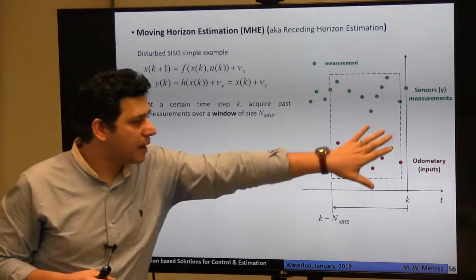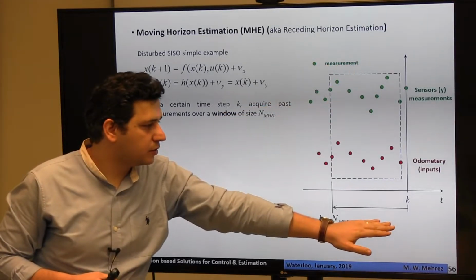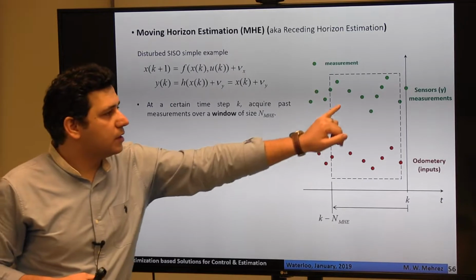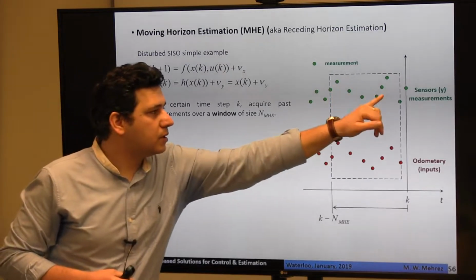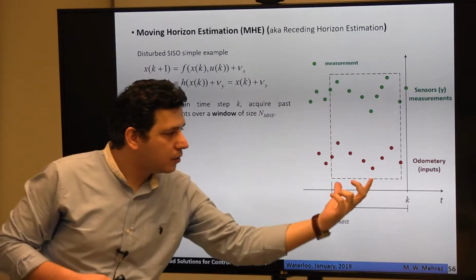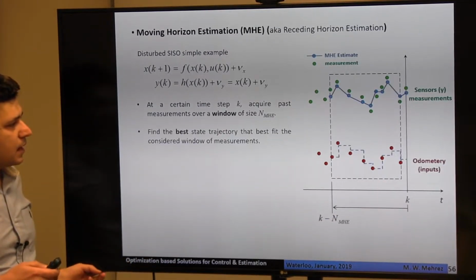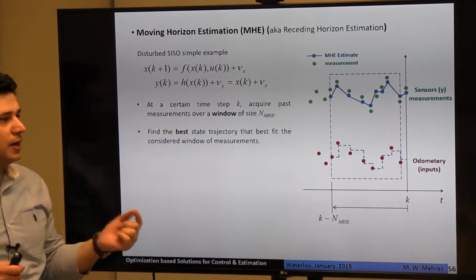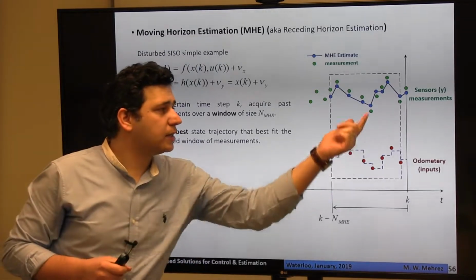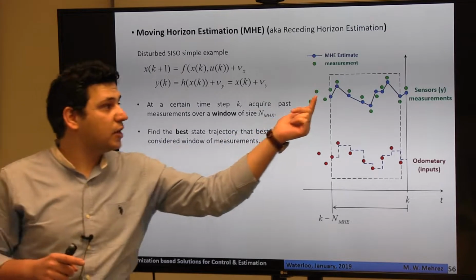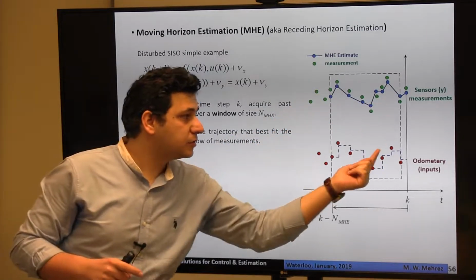So you look backwards for a certain window size, and you find where your inputs are and where your output measurements are within this window, okay? And then what you do is that you find the trajectory for the input and the best trajectory for the output, for your state, that best fit your output and best fit your input.